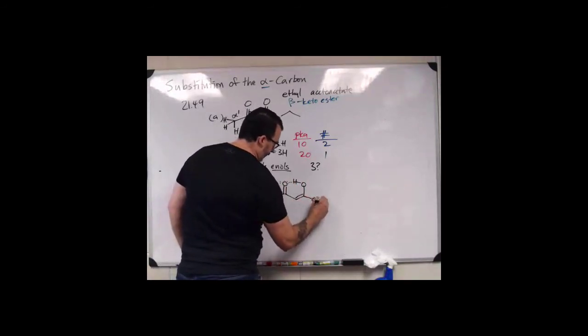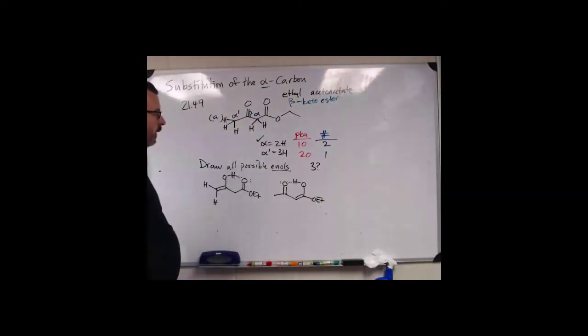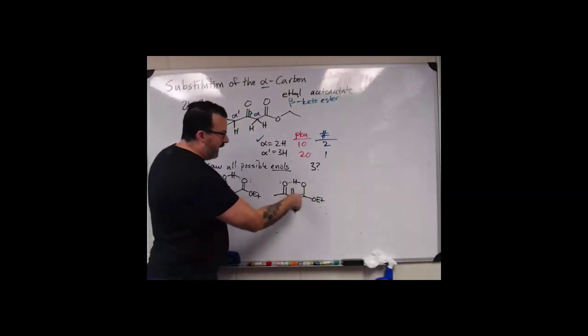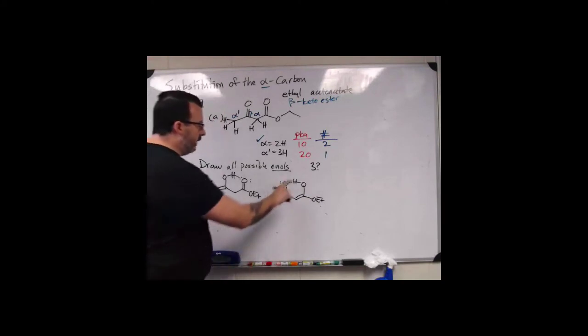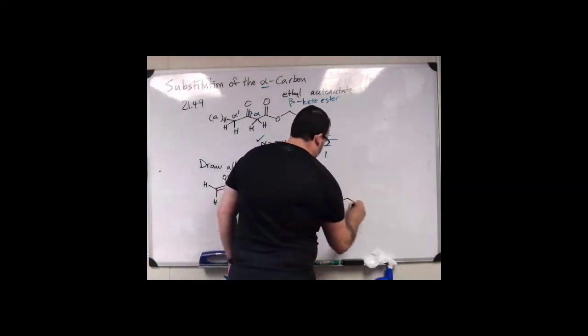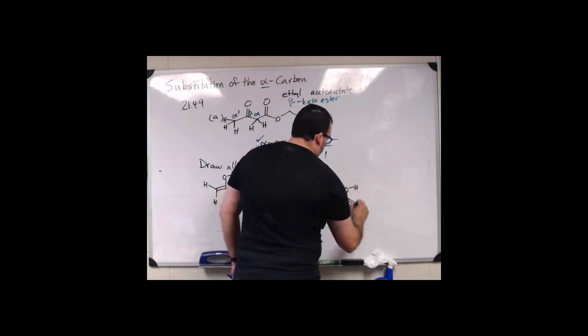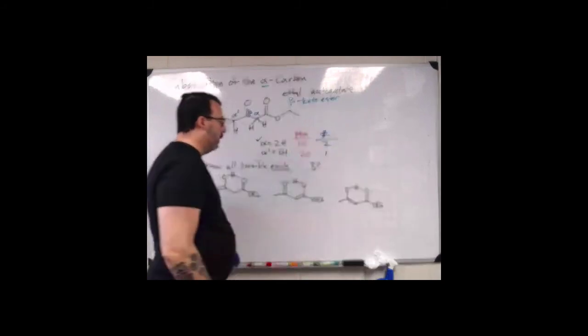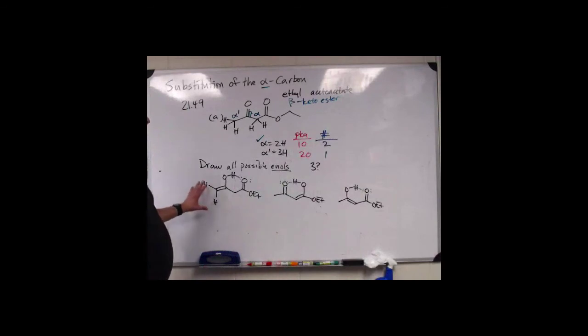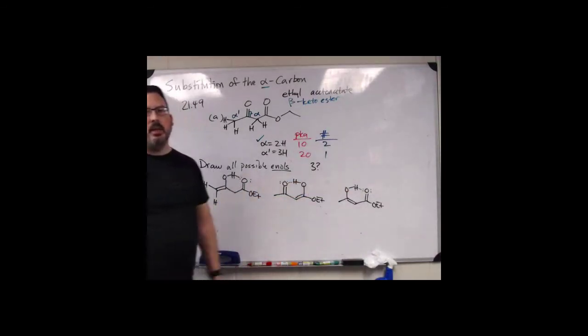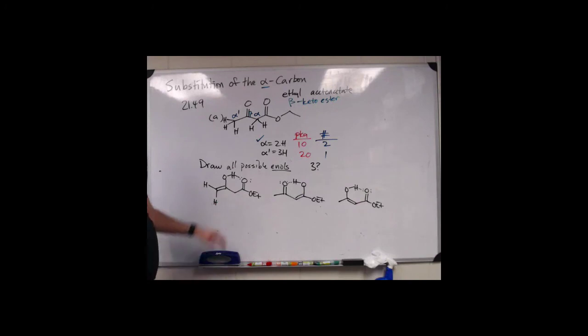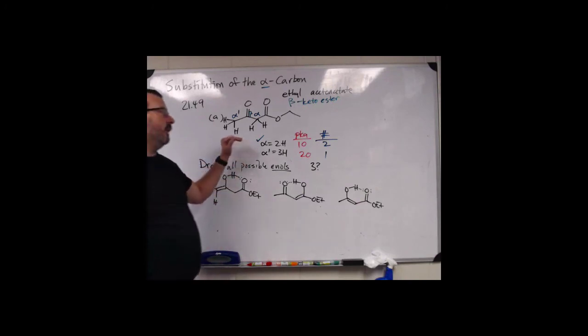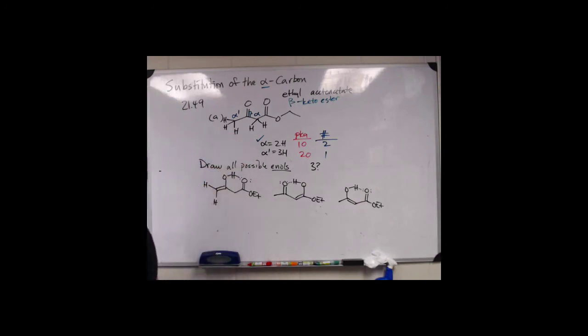So we enolized this way towards the ester. We can enolize towards the ketone. So again, the relationship of these are constitutional isomers. And we arrived at them by deprotonating either the alpha versus alpha prime.